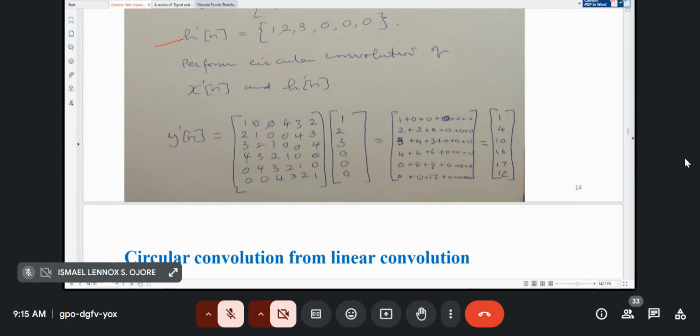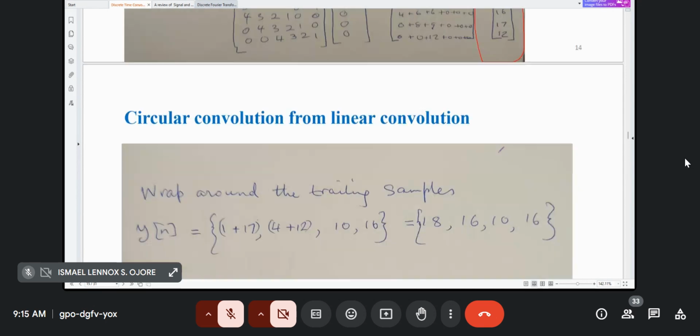The next one is 2 plus 2 plus 0 plus 0, everything else is 0. This is 3 plus 4 plus 3, everything else is 0. This is 4 plus 6 plus 6, everything else is 0. So that's how you do the math. And what you are going to get is this one.